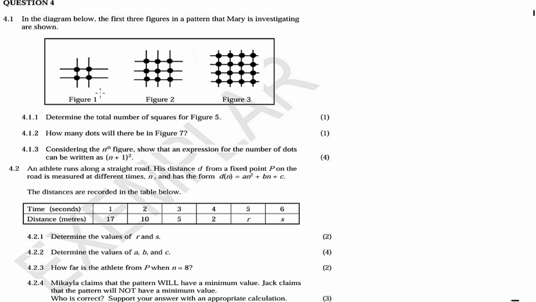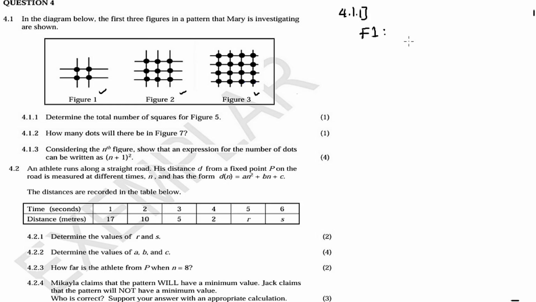So this is figure 1, figure 2, figure 3, then figure 4, no, figure 5. They want us to find the number of squares in figure number 5. Let's look at figure 1.